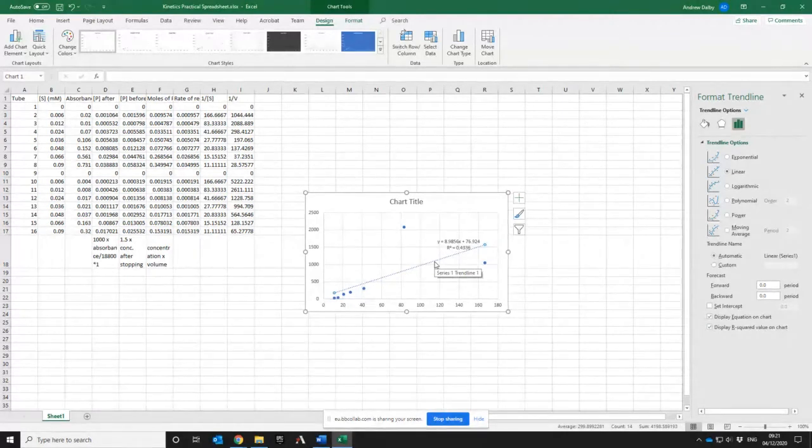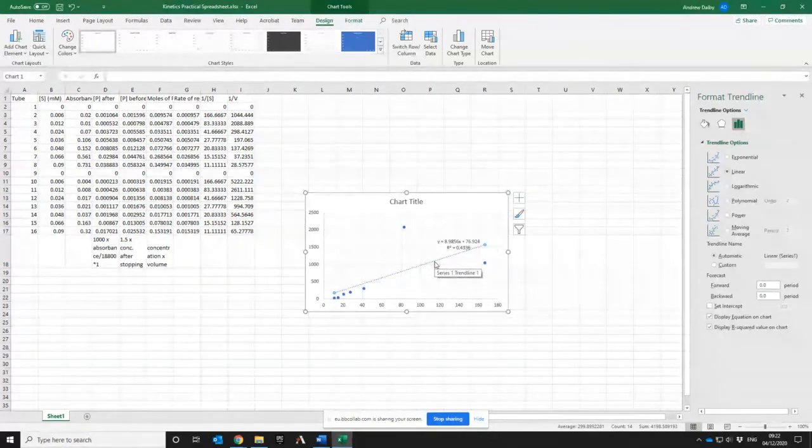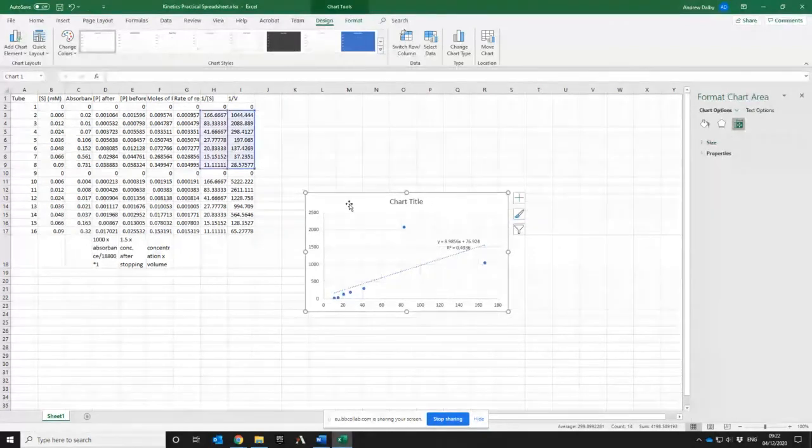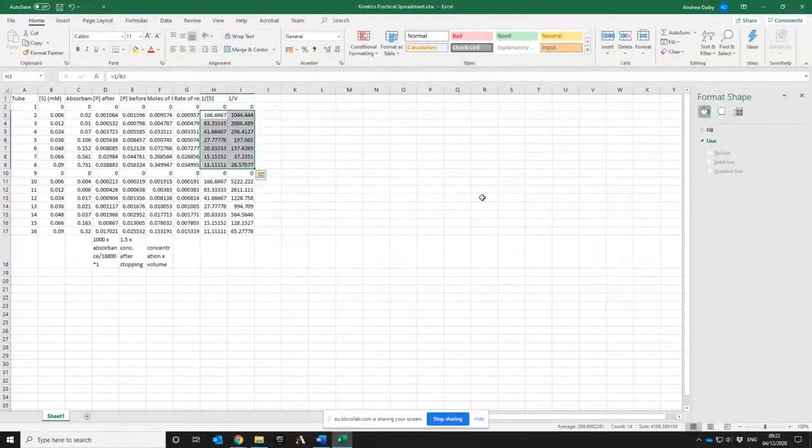So if I turn that into a percentage, that's telling me that 43% of the variation of the values of Y is explained by the variation in X. And the equation is Y equals 8.9856 times X plus 76.24. All looks good. I'm now going to delete that. So that's how I would do a linear regression in Excel.